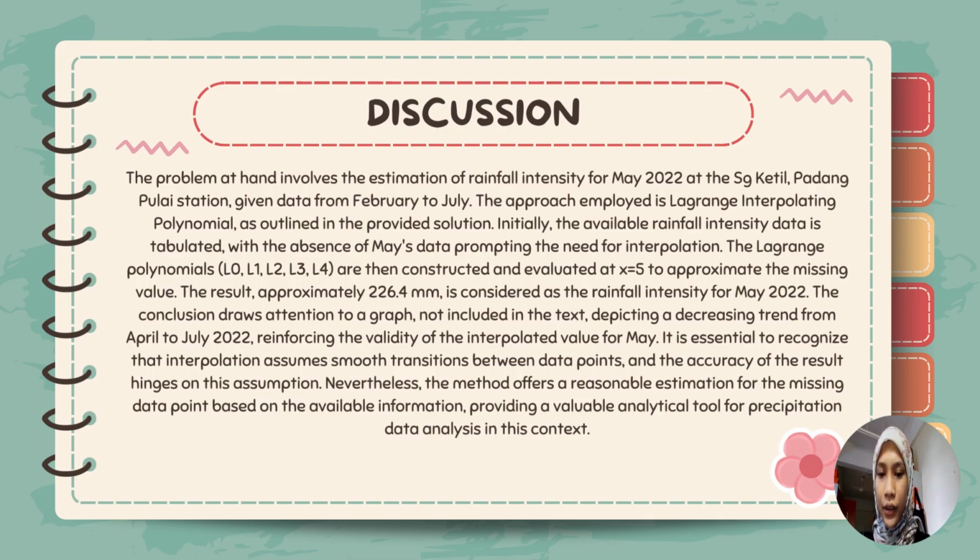The result, approximately 226.4 mm, is considered as the rainfall intensity for May 2022. The conclusion draws attention to a graph, depicting a decreasing trend from April to July 2022, reinforcing the validity of the interpolated value for May.